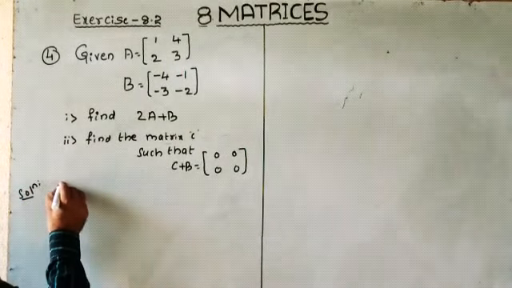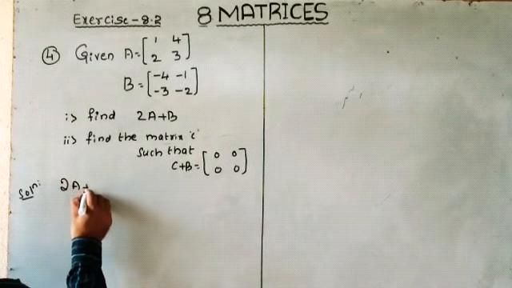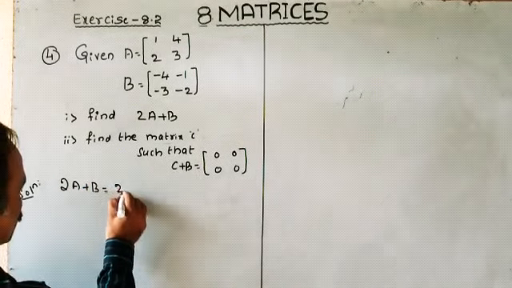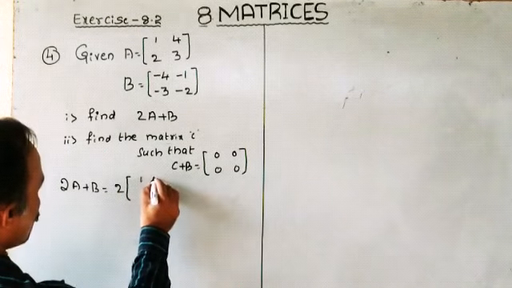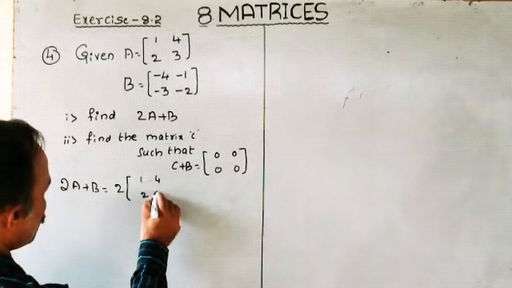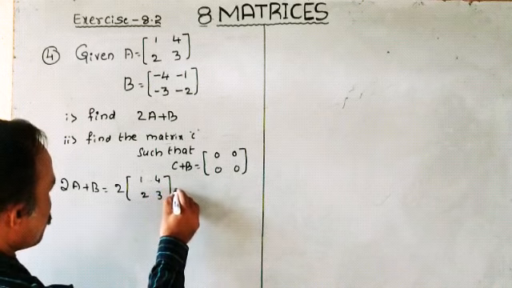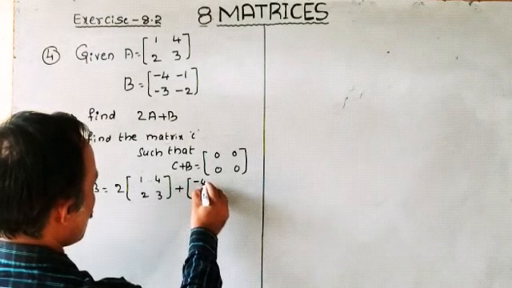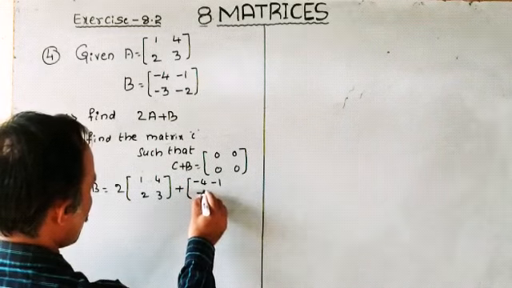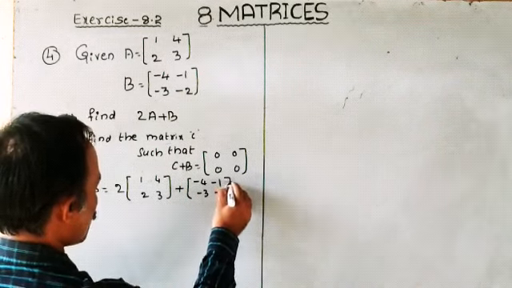Thus, 2A plus B is equal to 2 into matrix A, 1, 4, 2, 3 plus B, minus 4, minus 1, minus 3, minus 2.